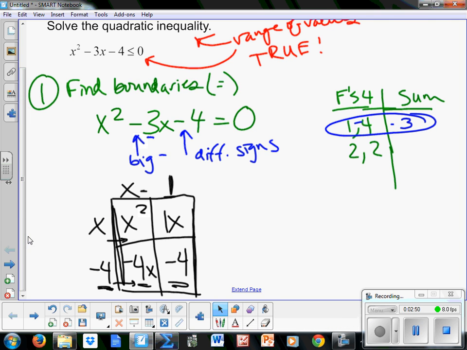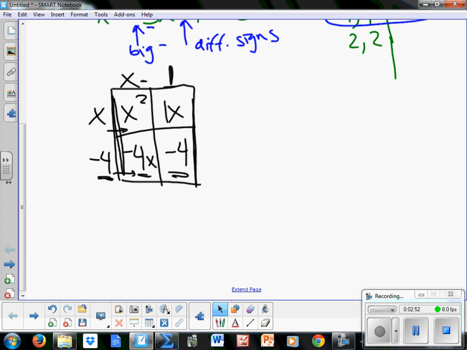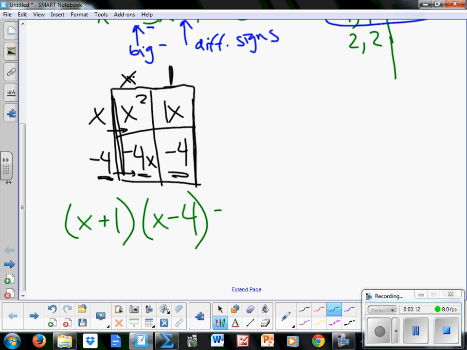Okay, so now we need to rewrite this to show that our factors are equal to 0. So we have our x minus 1, or x plus 1, sorry. That's not meant to be a minus sign up there. Okay, so we have our x plus 1 and our x minus 4 is equal to 0.